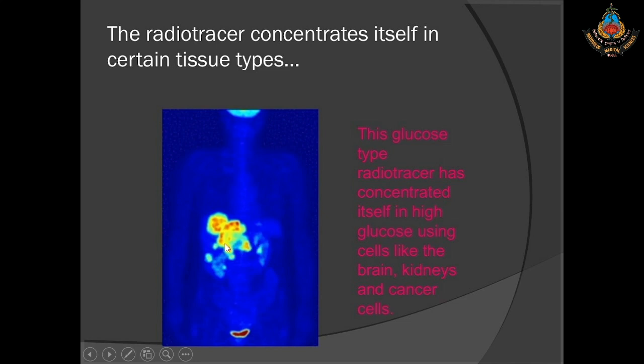So they are concentrated at these sites. They are more metabolically active, which is seen by the gamma detector camera.